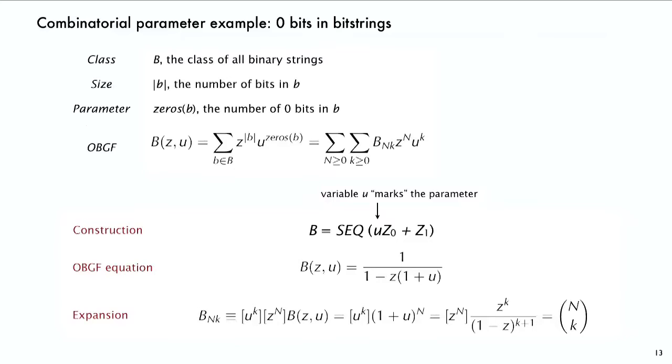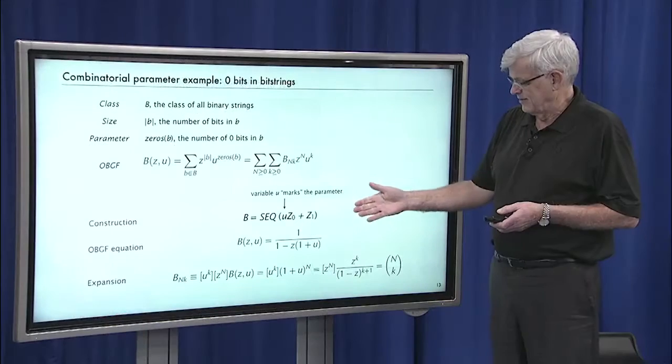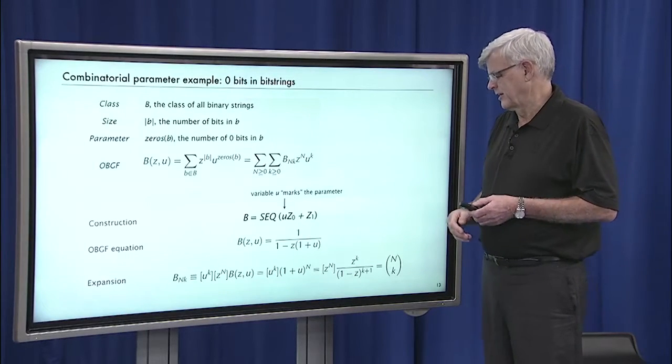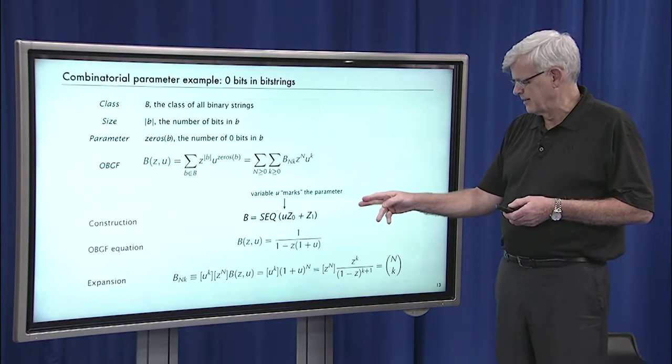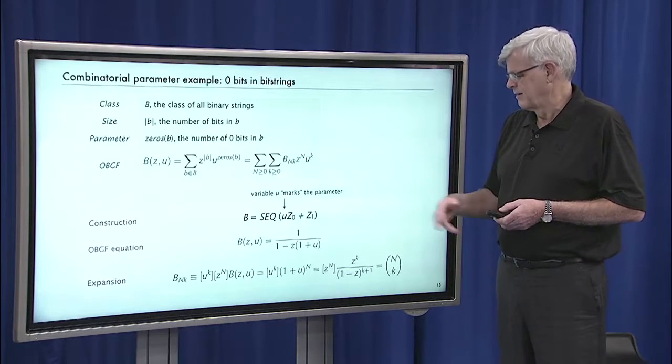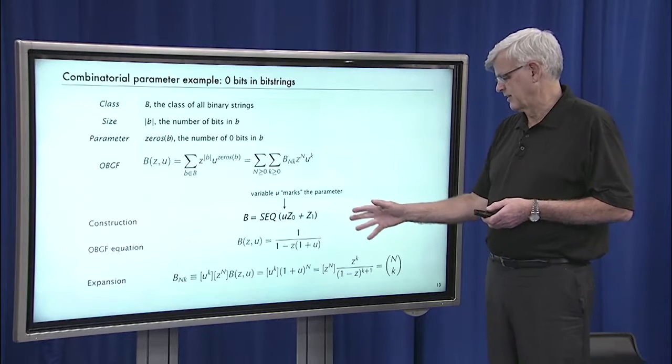Again, in this case, with binomial coefficients, we can go ahead and expand and calculate the coefficients b_nk, which is exactly n choose k. So in this calculation, we look for the coefficient of z^n in B(z,u), thinking of u as a constant.